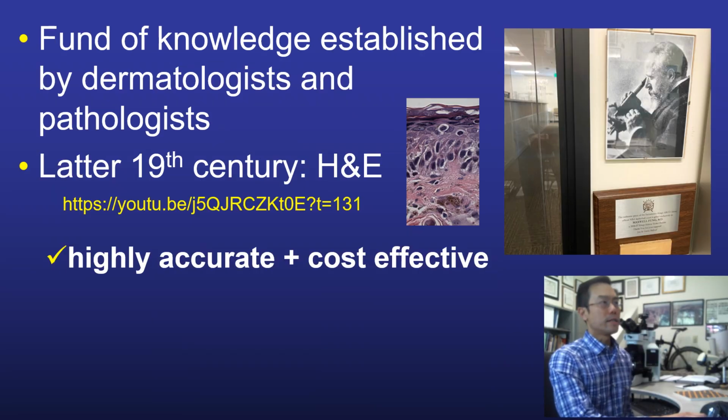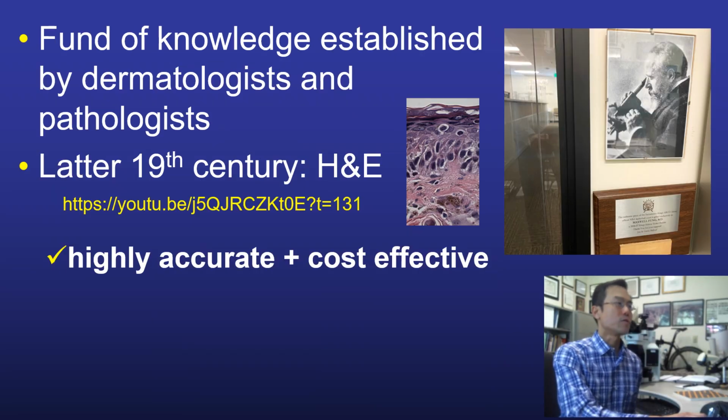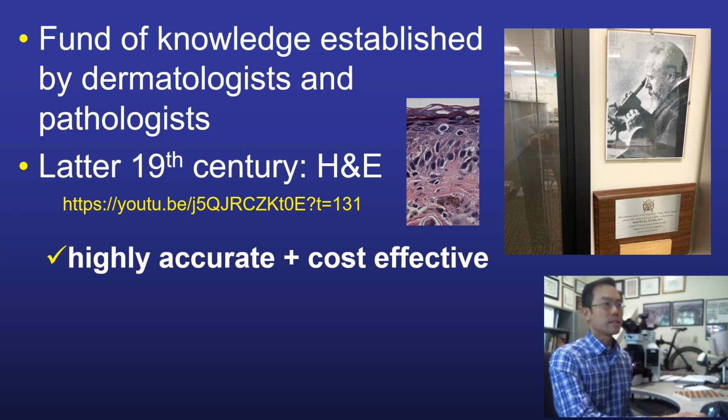I'll talk more about tissue staining and special stains in that intro lecture, but suffice it to say here that the accidental discovery of hematoxylin as a tissue stain in the 1800s, followed by the creation of eosin, and soon after the discovery of the hematoxylin and eosin, or H&E double stain, revolutionized the field of pathology and essentially formed the foundation of anatomic surgical pathology as we know it, including dermpath.